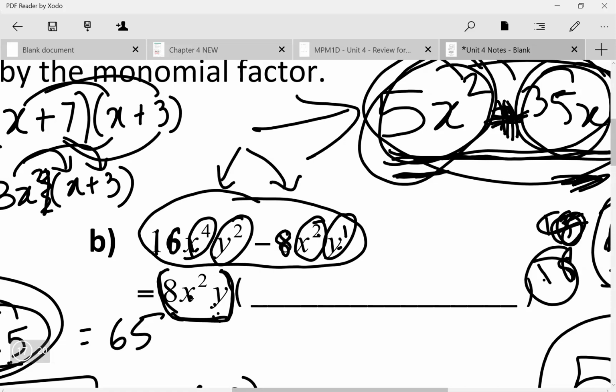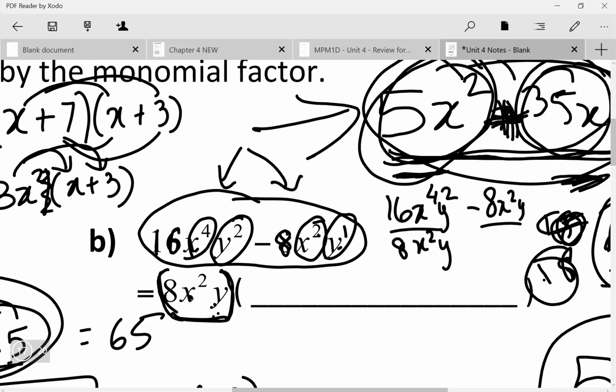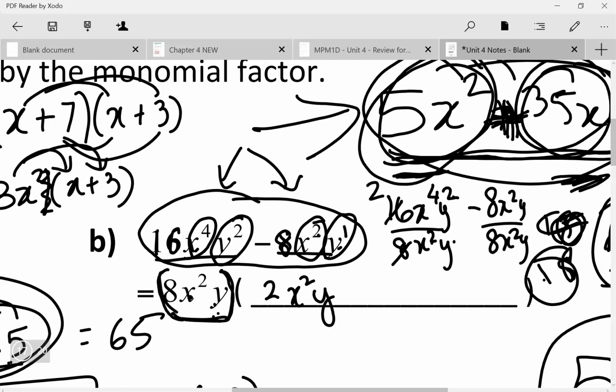Basically what you're doing is 16x to the 4y squared divided by 8x squared y, minus 8x squared y divided by 8x squared y. Whatever, divide each of the terms by the greatest common factor. Here we can see that we have a 2, 4 minus 2 is 2, 2 minus 1 is 1.